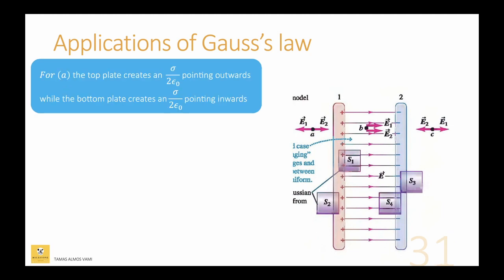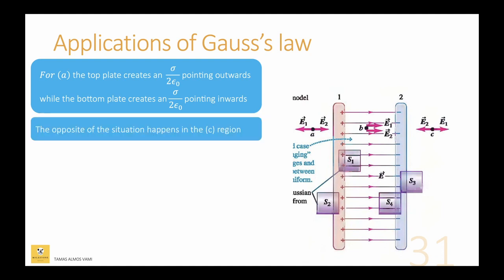So in the A region, we know that the distance doesn't matter. The electric field is always this sigma over 2 epsilon 0, and we also know that it is pointing outwards for the top plate, and it's pointing inwards for the bottom plate.